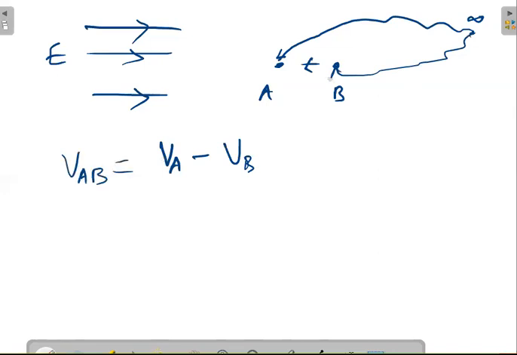What they are telling is, you go from point B to A, you will spend some energy. The same energy will be spent if you come from infinite to A and from infinite to B, then make a difference of these two; still you will get the same answer. These two are same. That is the idea.